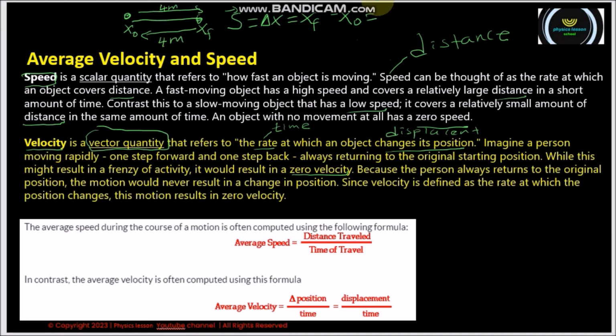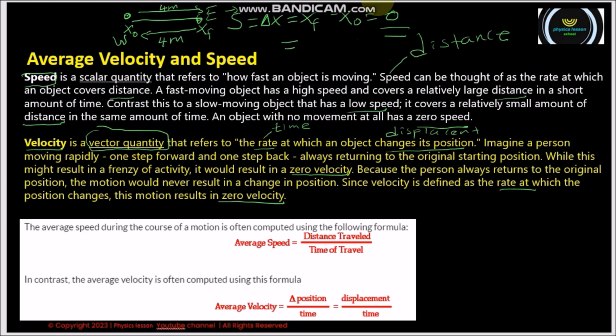That means its value is 0, because the object returns to the original position. Since velocity is defined as the rate at which the position changes, this motion results in zero velocity.